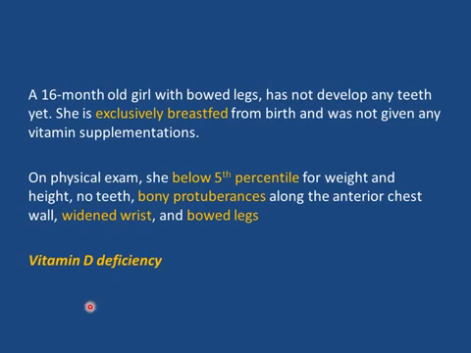This is a classic case of vitamin D deficiency. The key word in this case to look at is exclusive breastfeeding. Know that any baby fed with breastfeeding only must receive vitamin D from birth. Also, growth failure, or height and weight below the 50th percentile, is another key word. Bony changes like bony protuberances or rachitic rosary along the anterior chest, widened wrist and bowed legs.